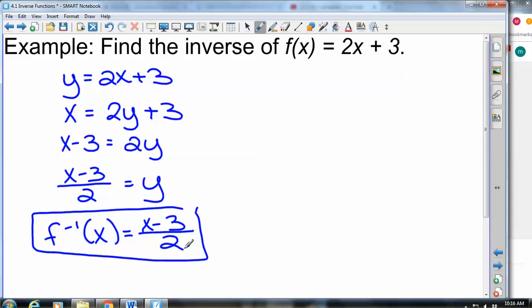So there's my inverse. Questions there? Let's do another.